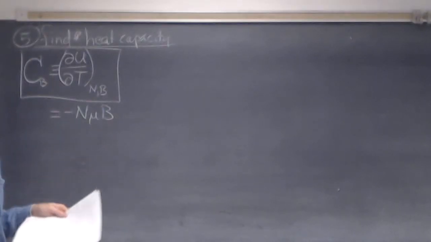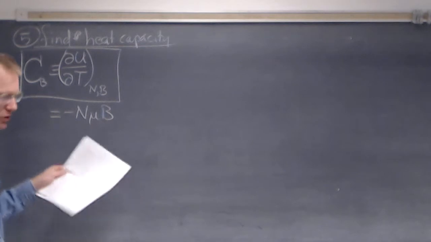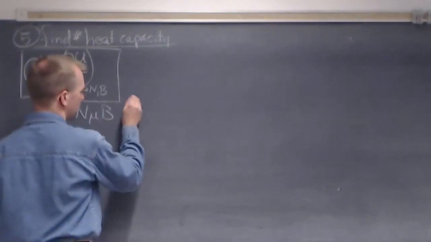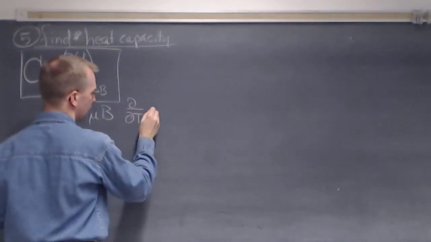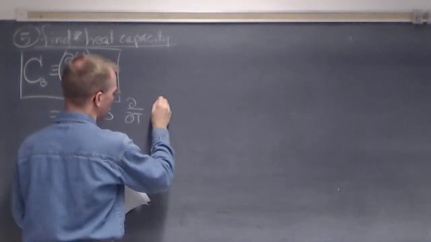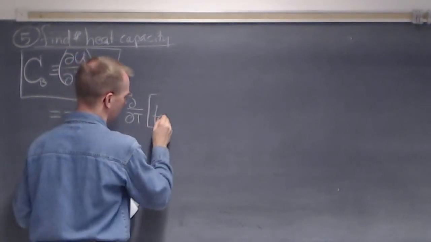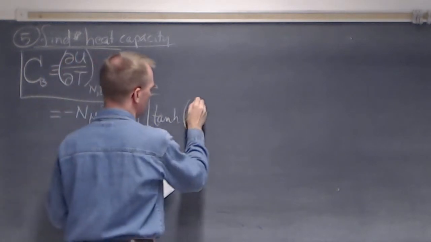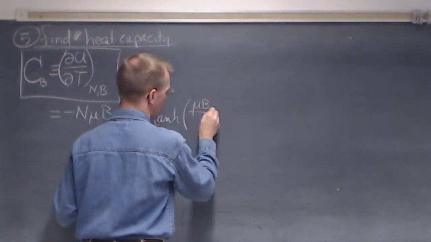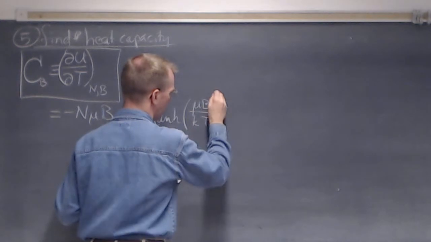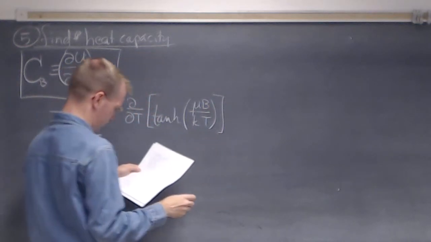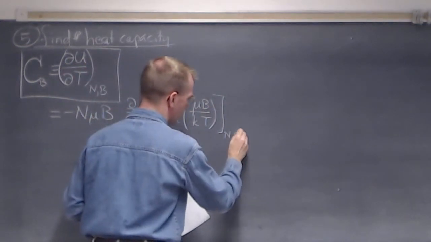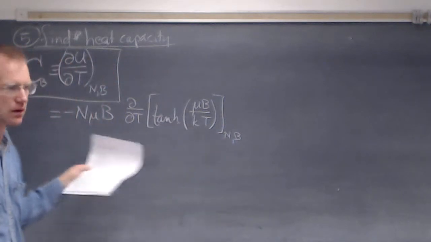Now I'm going to take the derivative of the hyperbolic tangent with respect to T, with N and B constant.